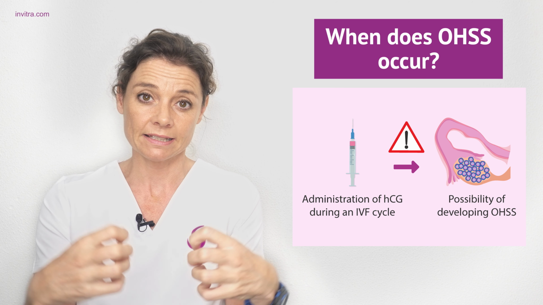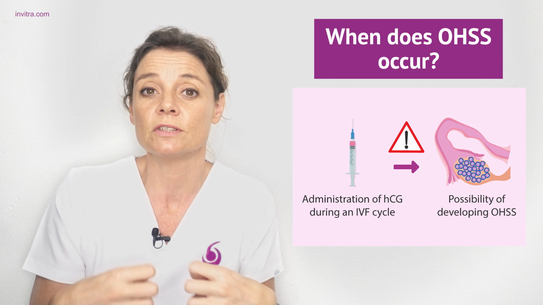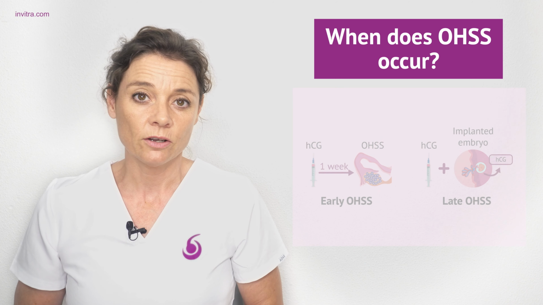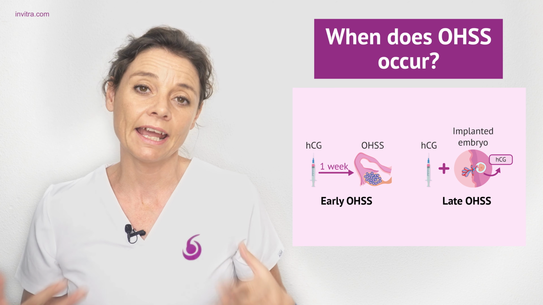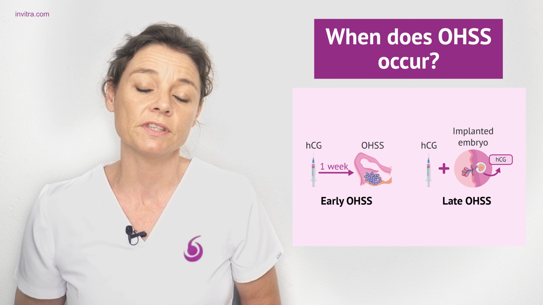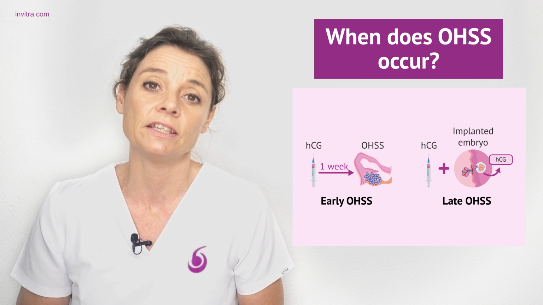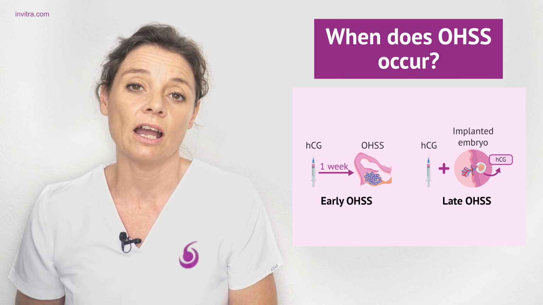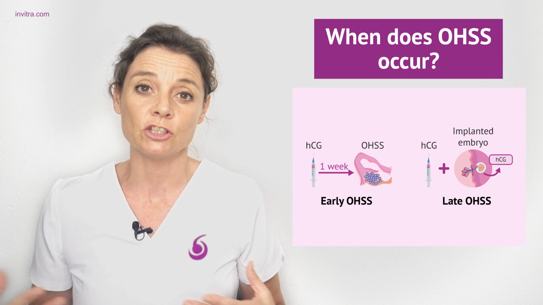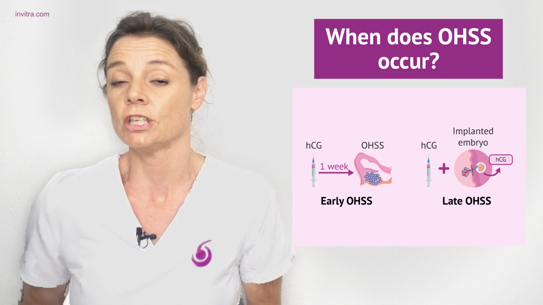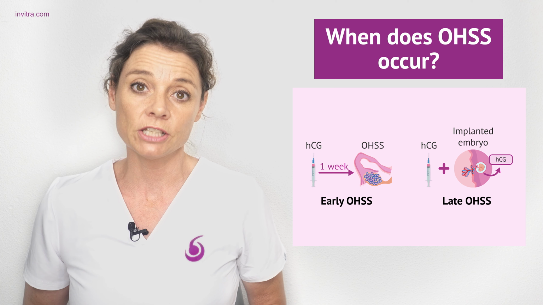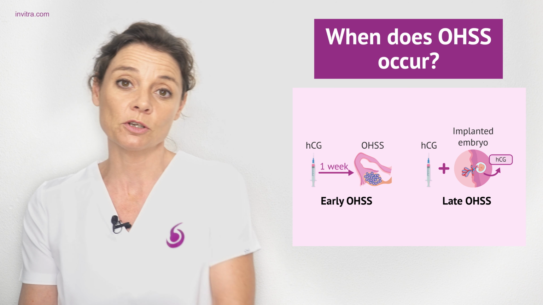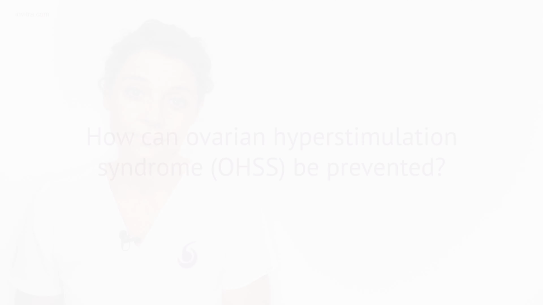This basically means that the spaces between cells in the ovary can become filled with fluid. Early onset OHSS can occur up to a week after the administering of the HCG to mature the follicles. There is also a late onset OHSS, and this is due to, if pregnancy is achieved, the hormone HCG will actually be produced by the body as part of the pregnancy, leading to increased levels of this hormone.